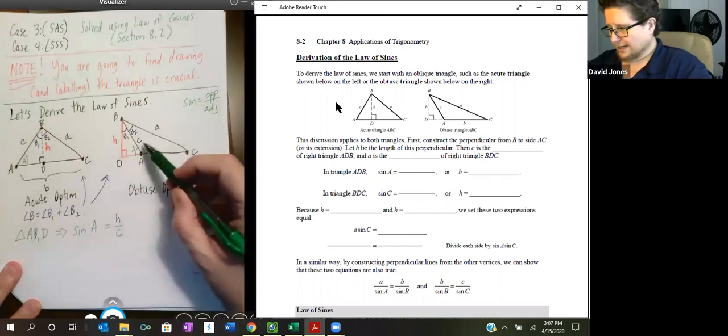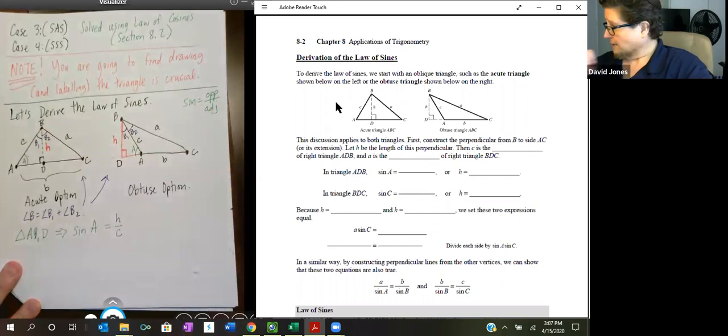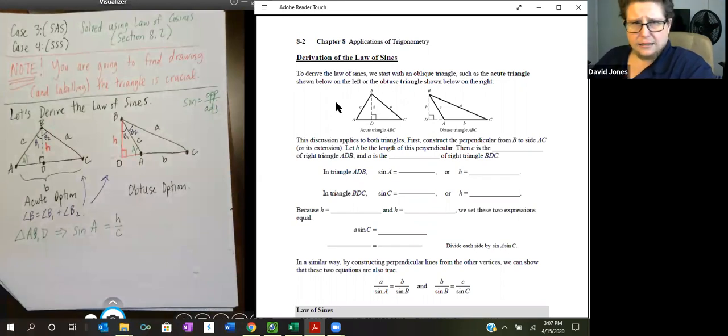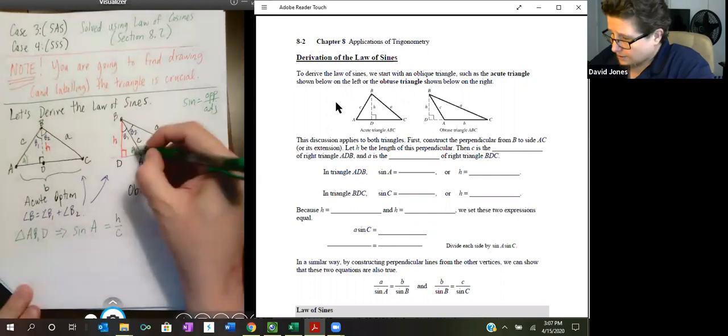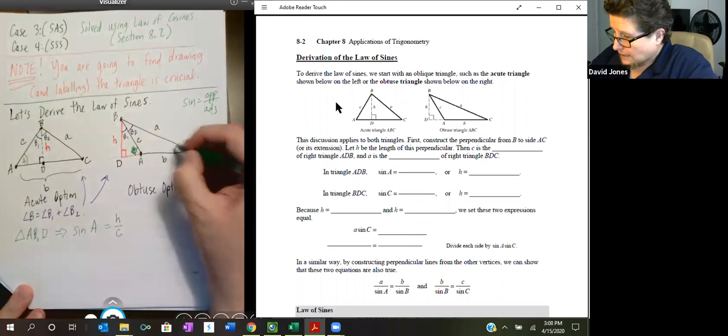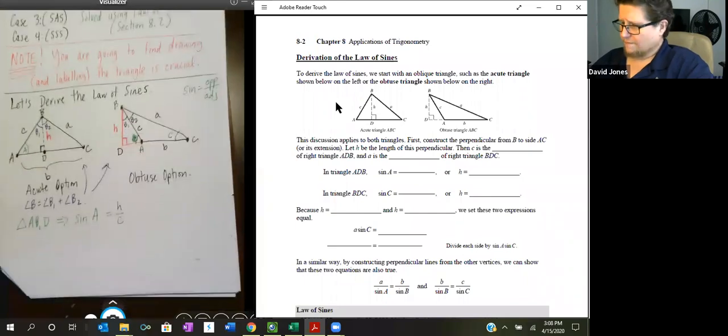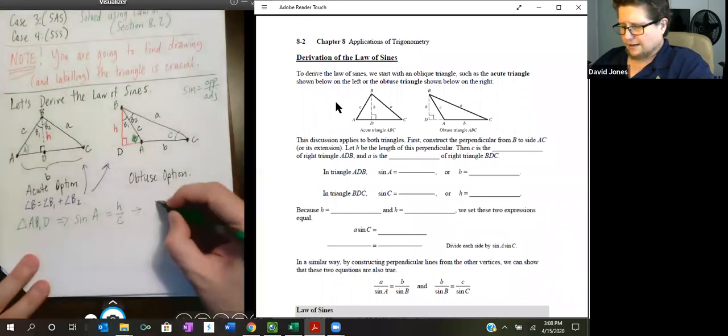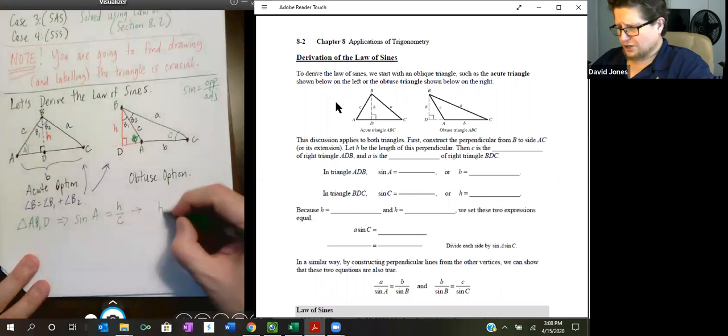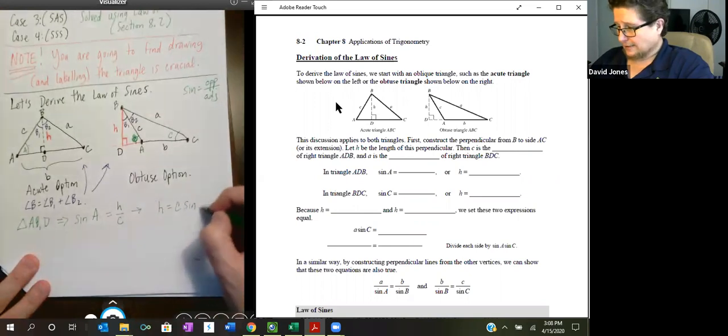The adjacent side is c. Sorry, I don't want to look at A there. I want to look at C here. Look at C. This tells me, if I clear the fractions, h equals c sine A.